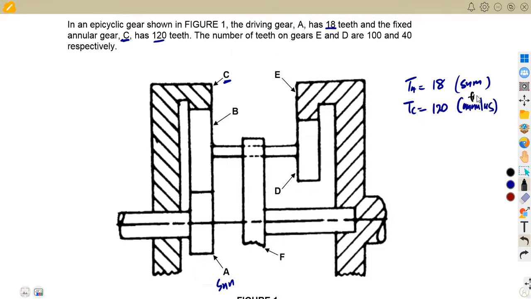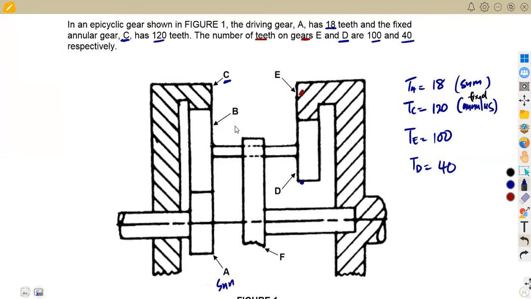So we have the fixed annulus, and we also have the number of teeth on gears E and D. The number of teeth for E is 100, and that for D is 40, so TD is going to be 40.